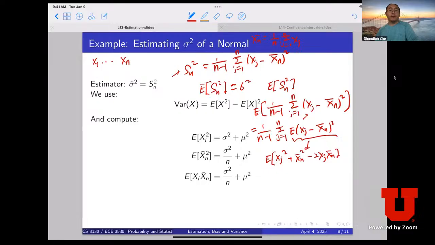You just expand the square term, then calculate the expectation of each individual term and combine them. That's again the linearity of expectation. Question?